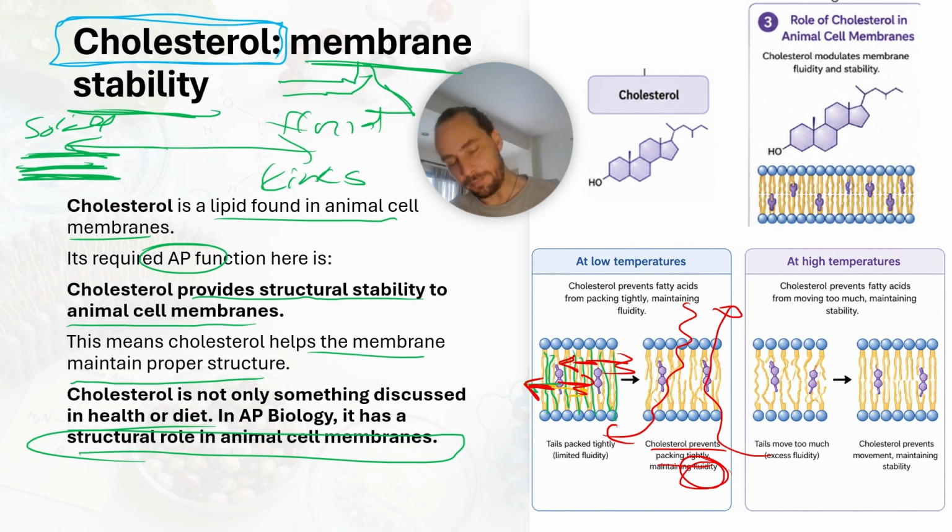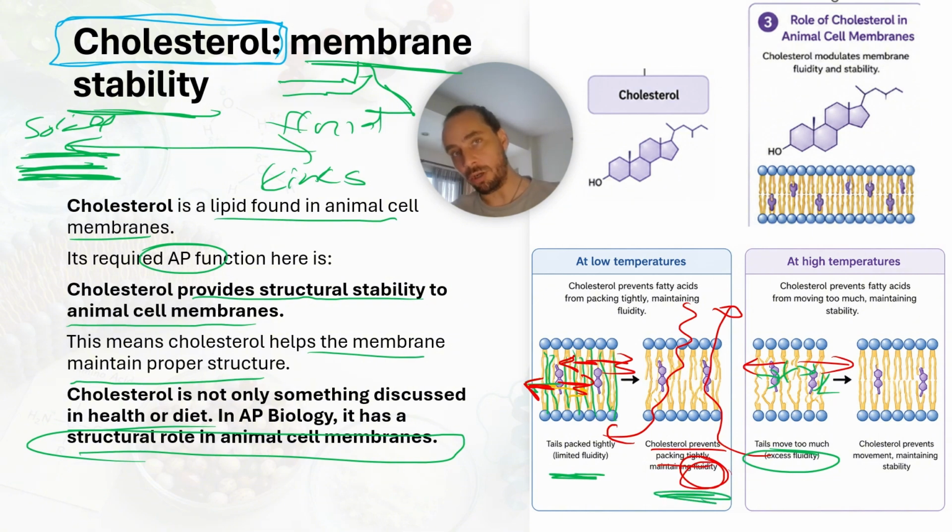At high temperatures, it also stabilizes the cell membrane. So at high temperatures, these molecules want to move apart. And cholesterol is like, no, you are staying together. Okay, so at high temperatures, it prevents too much fluidity. At low temperatures, if there's limited fluidity, it makes it more fluid.